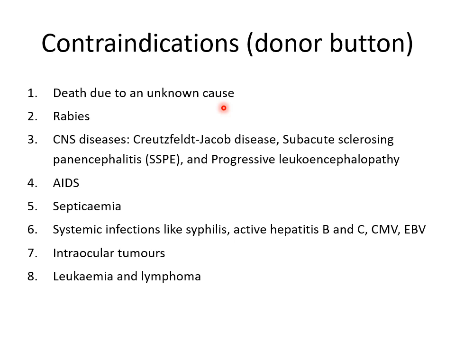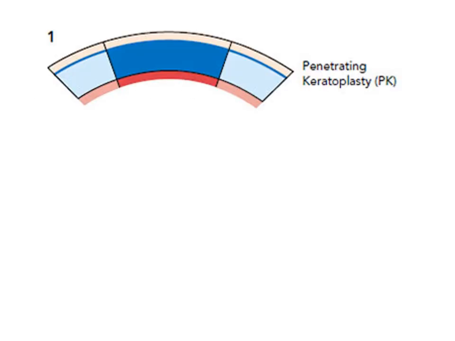If they died of rabies, prion diseases, HIV/AIDS, septicemia, and the last three are more of relative contraindications: systemic infections, the active ones like syphilis, active hepatitis B and C, CMV, EBV, both of which are viruses, intraocular tumors, leukemia, and lymphoma. So these are the contraindications when we're talking about the donor button.